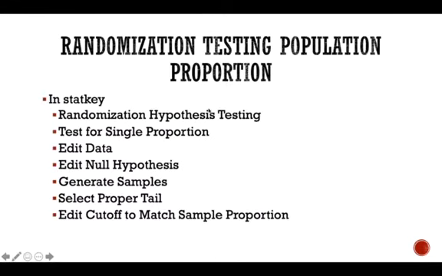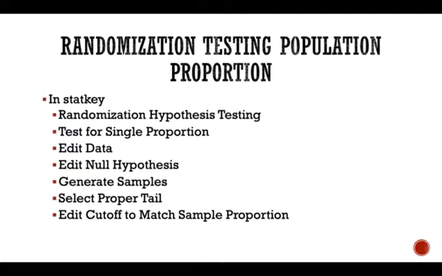So randomization for population proportions using StatKey. So we were in StatKey last lecture, and we saw bootstrap confidence intervals. We'll see if we move one column to the right, we'll see randomization testing. So we'll do randomization testing for a single proportion first. We'll go through examples of each.